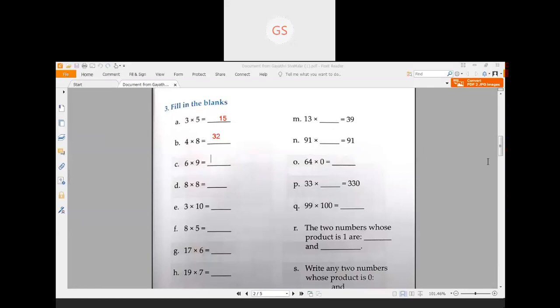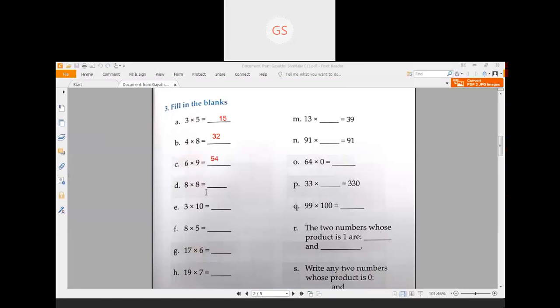Sudarshini, tell me. 54. 54, yes, very good. 54 is the answer.